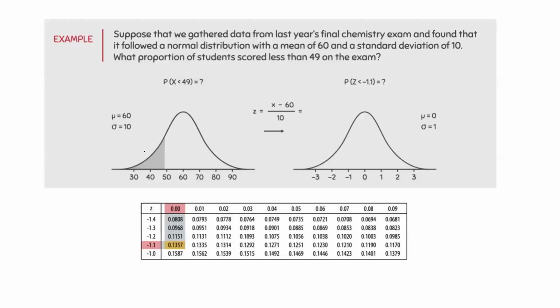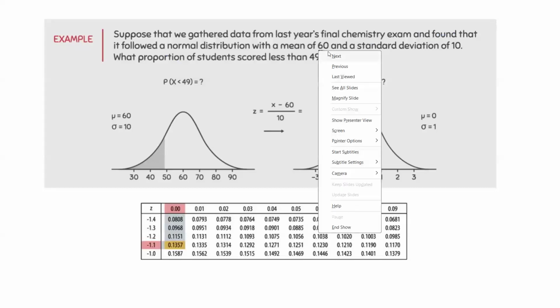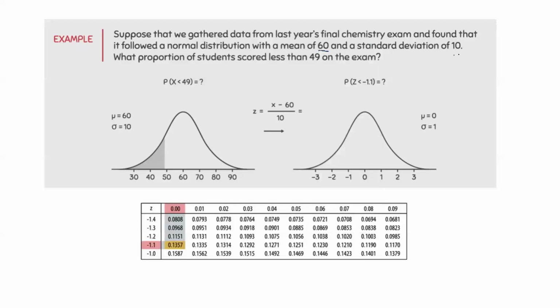The main intention here is to calculate the area under the curve. Just read this. Suppose we have gathered data from last year's final chemistry exam and found that it followed a normal distribution, with a mean equal to 60 and standard deviation of 10.